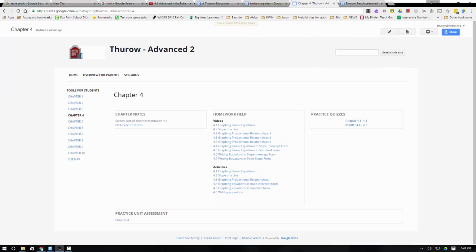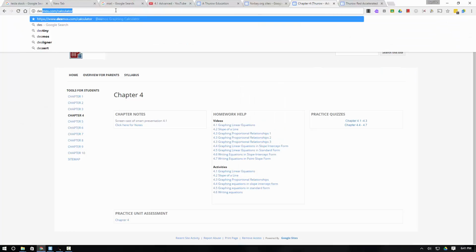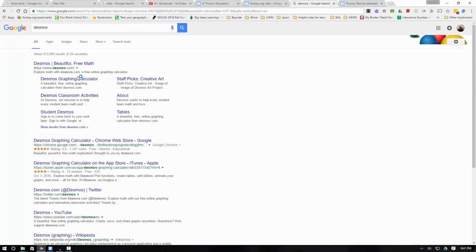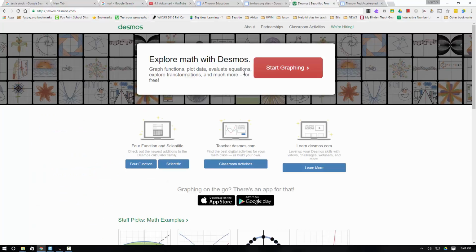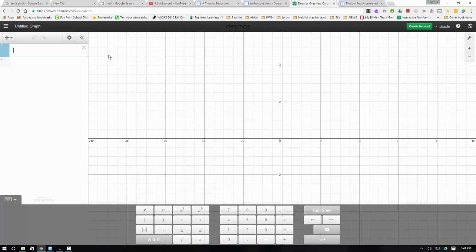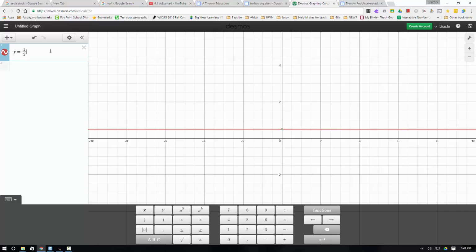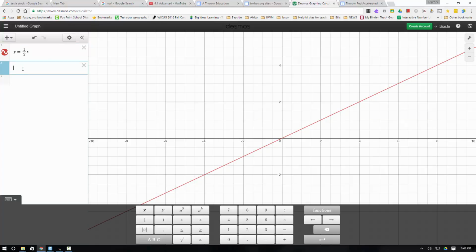Let me just pull up Desmos here. If I have y equals 1 divided by 2 x, and if I put down y equals -2 over 1 x, they will form this 90-degree angle here.